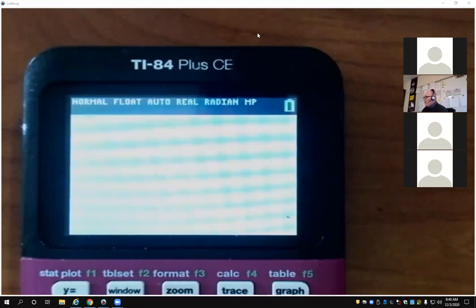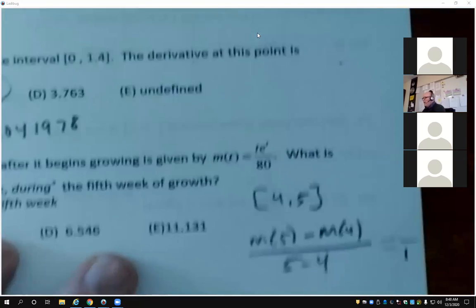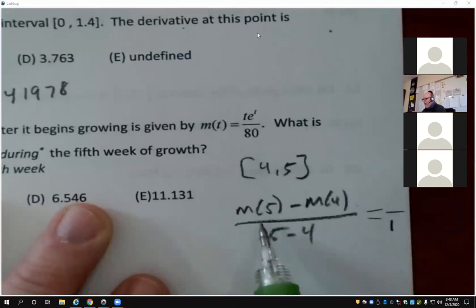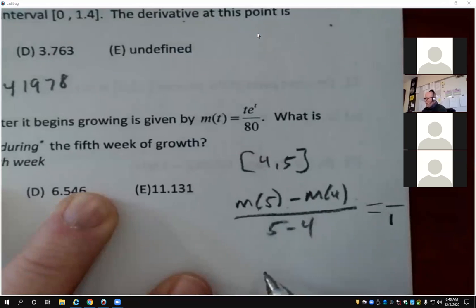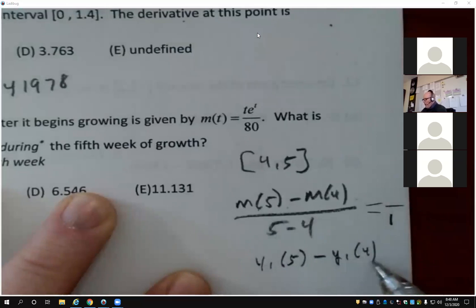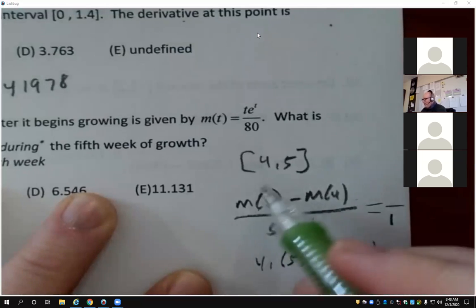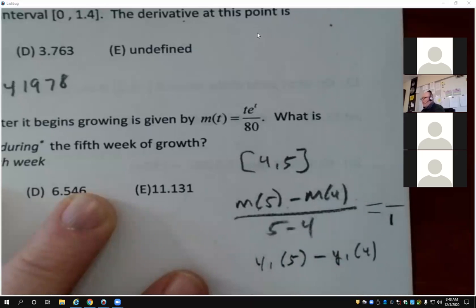You can actually type into your calculator, not the exact variables, but m of 5 minus m of 4 by simply typing in y1 of 5 minus y1 of 4, because y1 is our function, whether you call it m or f of x or whatever.